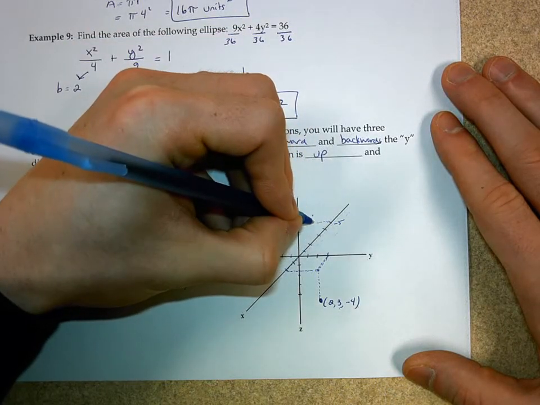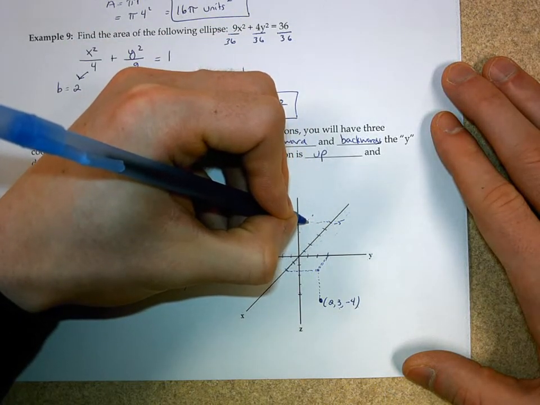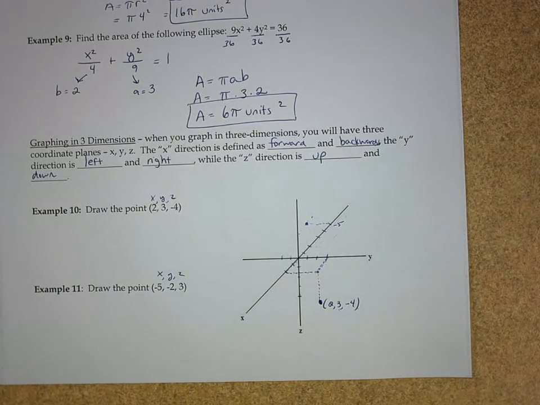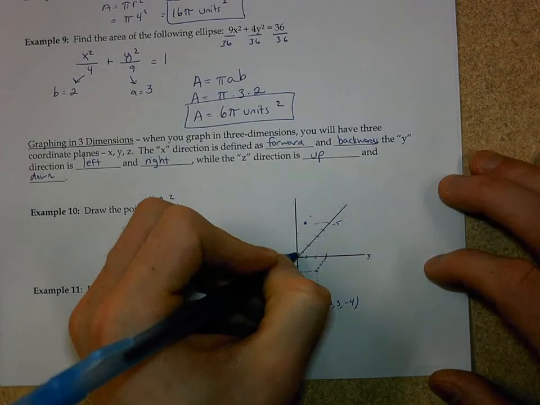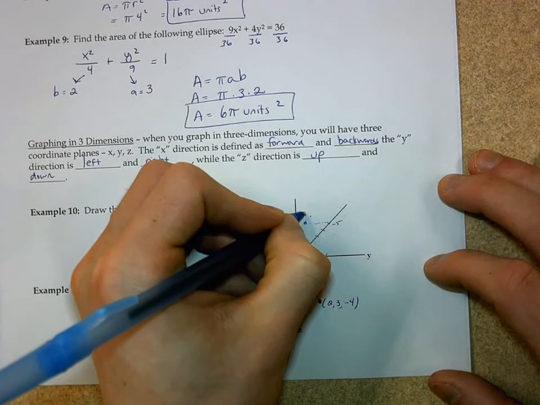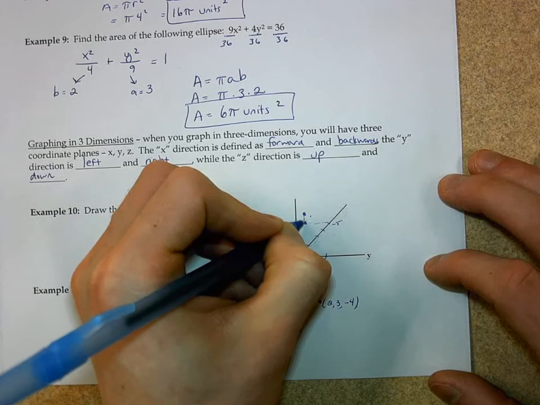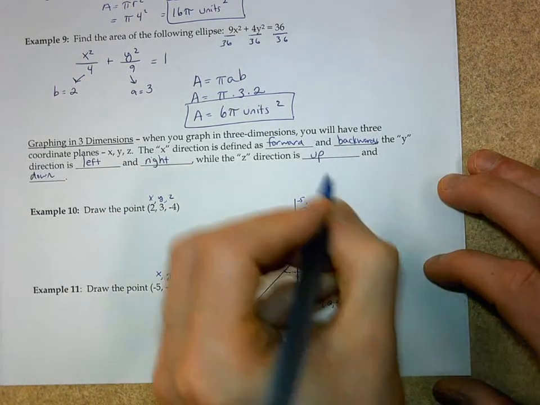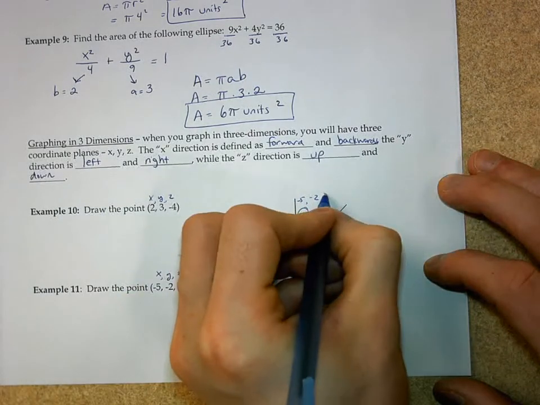So we'd come out this way and then intersect that parallel line. And then finally, we would go 3 units up. So 1, 2, 3. So somewhere up there is going to be my point negative 5, negative 2, 3.